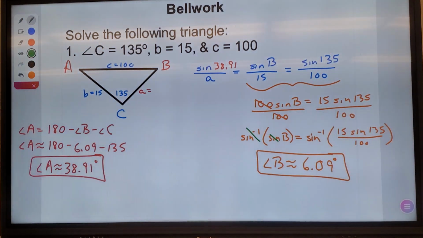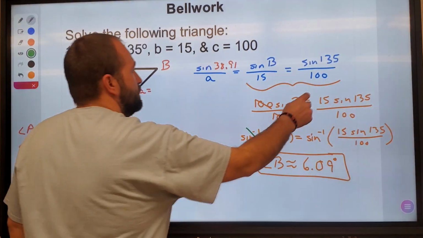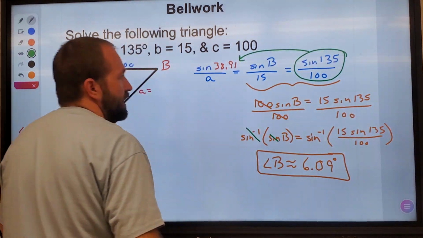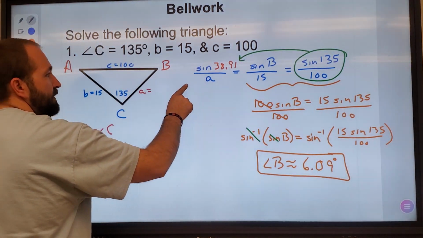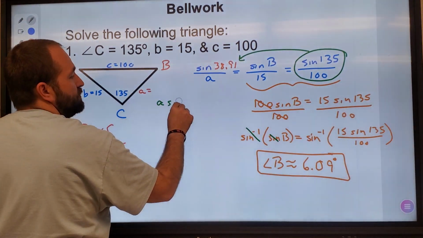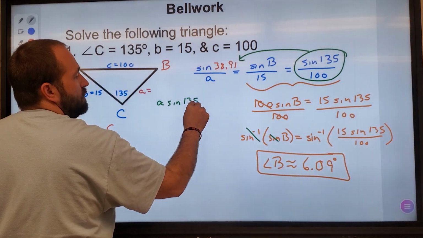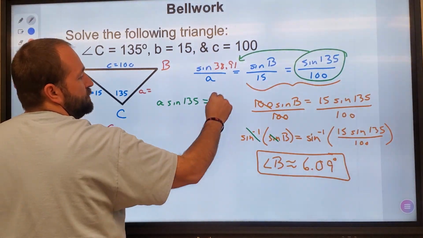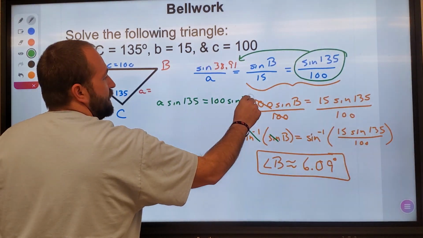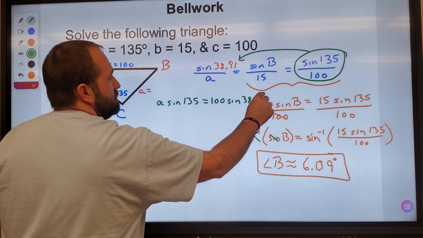Okay, we're going to utilize now again that last fraction because it's whole, and then I'm going to use the first fraction here. And again, I'm going to cross multiply. So I have A times sine of 135 is equal to 100 sine of the 38.91.